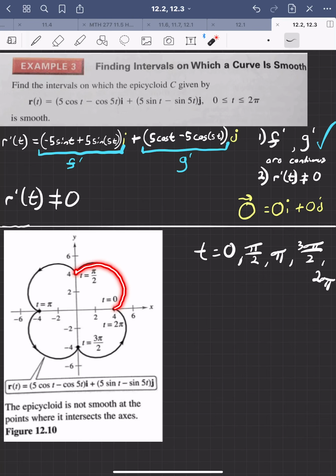So we need to answer the question: find the intervals where your function is smooth. Well, it's everywhere else except those angles.